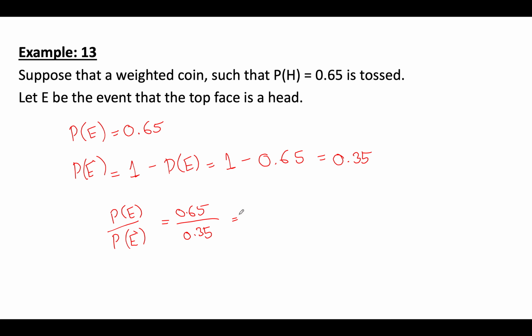So by multiplying top and bottom by 100, we get 65 over 35, and this is equal to 13 over 7. So the odds in favor of getting head in this experiment is equal to 13 to 7.